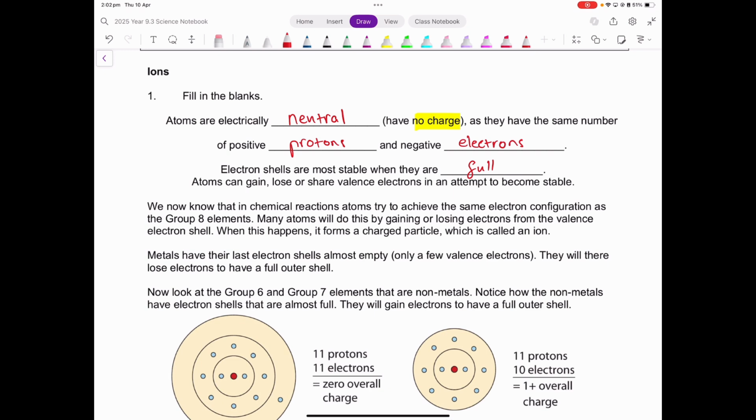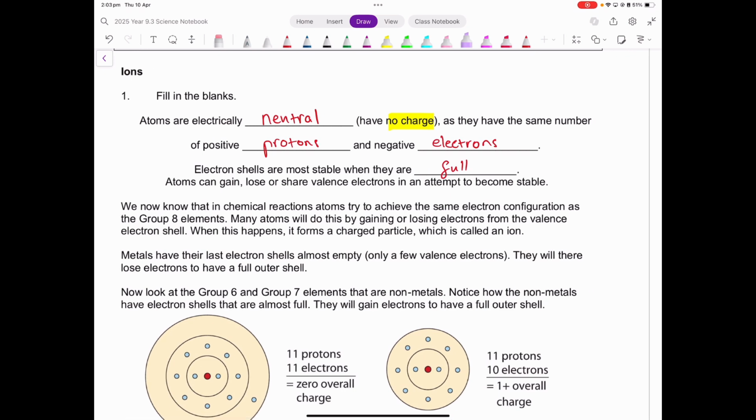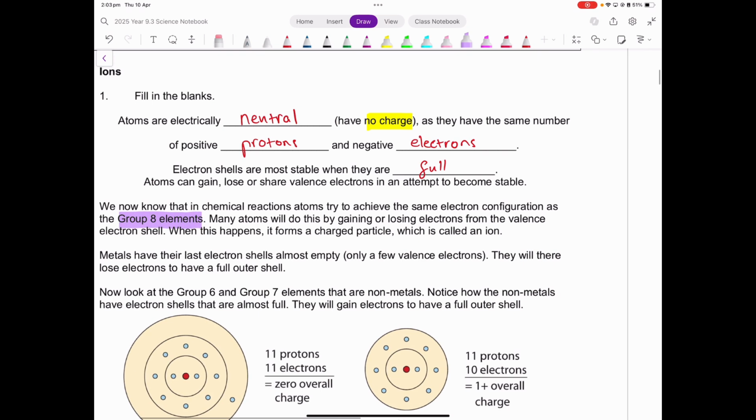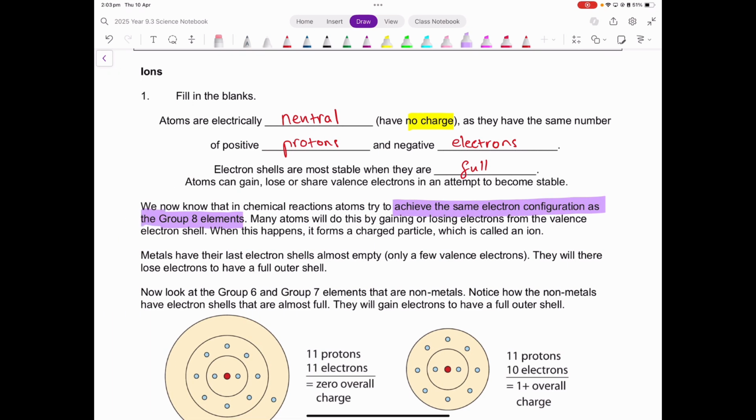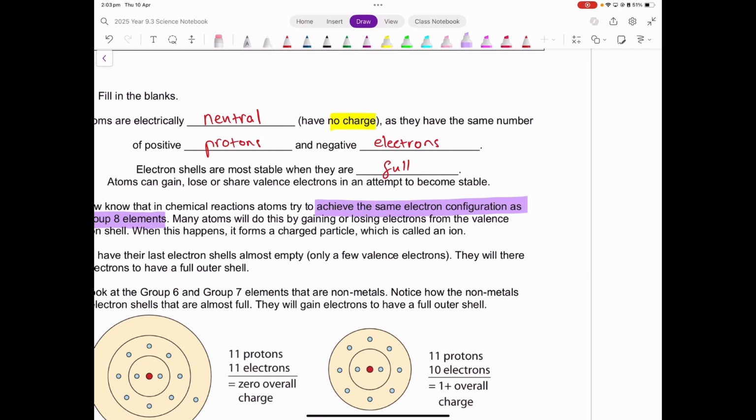So when we're talking about these ones here, I'm going to highlight it in purple, group 8 elements, okay? Everyone wants to be the same. Everyone wants to achieve the same electron configuration as the group 8 elements. So when they're full, they want to effectively be like a noble gas.